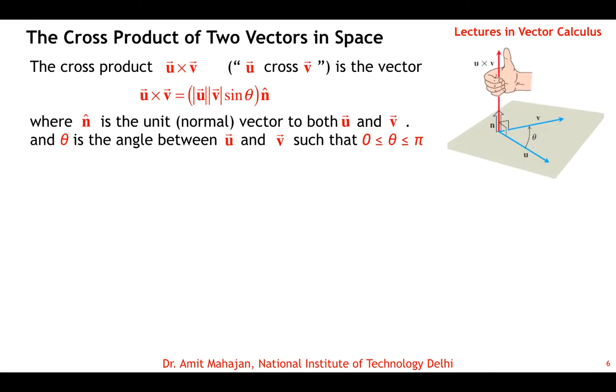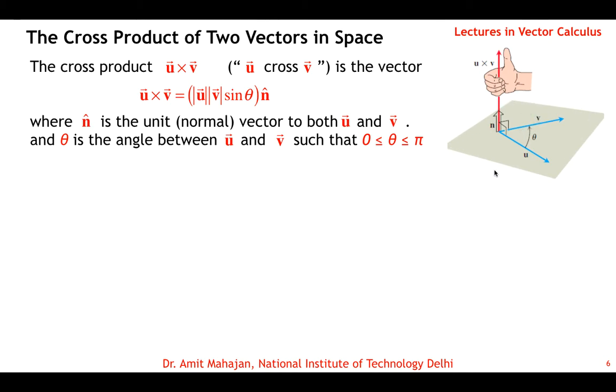The second definition that we are going to take is the cross product of two vectors in space. So consider two non-zero vectors u and v in space. If u and v are not parallel, they will determine a plane. So if you have a vector u and a vector v, and they are not parallel, making an angle theta which is not equal to 0 or pi, then they will lie in a plane.